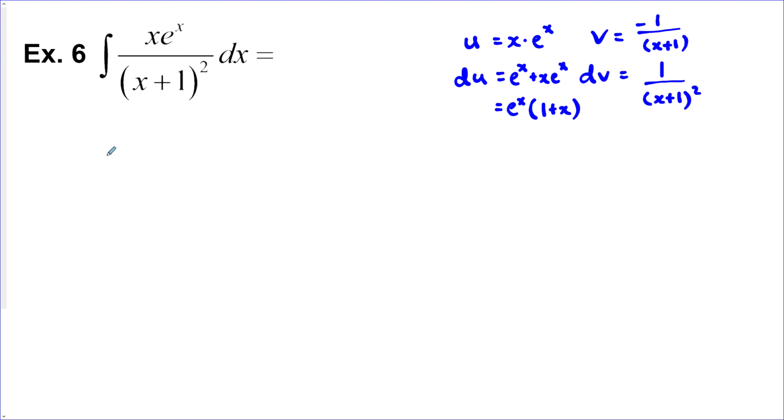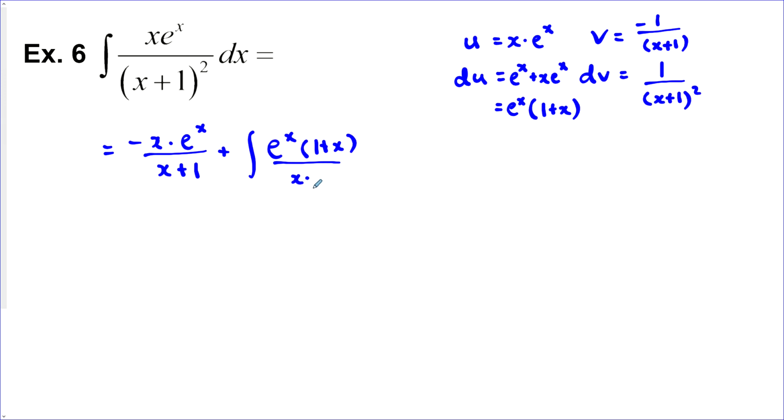Now, we need our uv, so that's negative x e to the x over x plus 1 minus the integral of v du. So we put all this in here, and it's just looking like an awful mess, but take this negative, cancel that one.